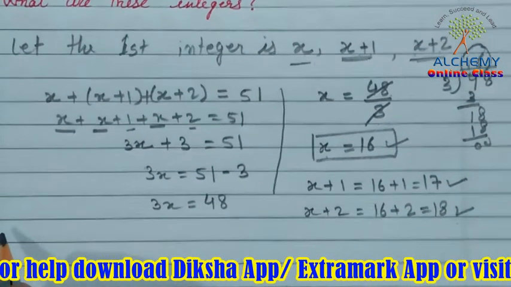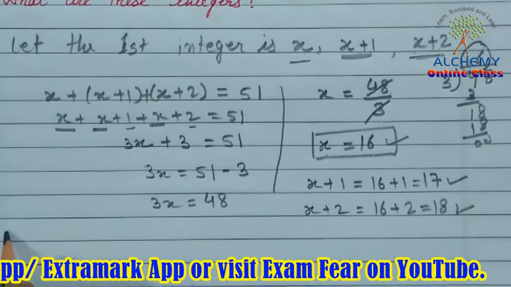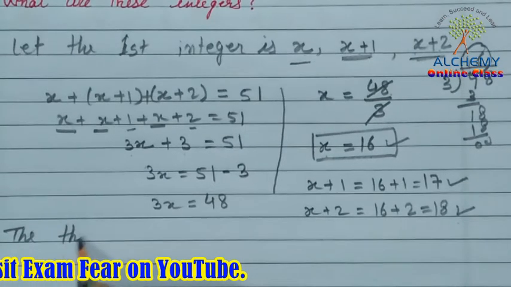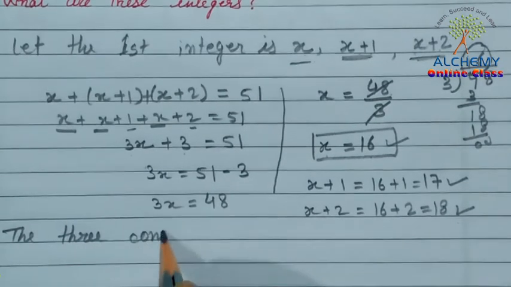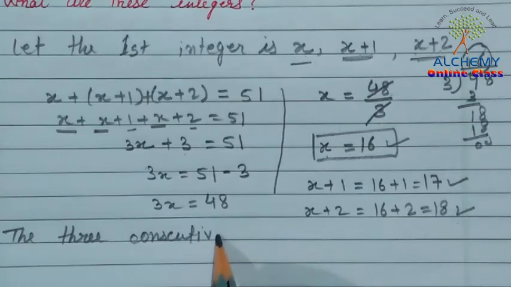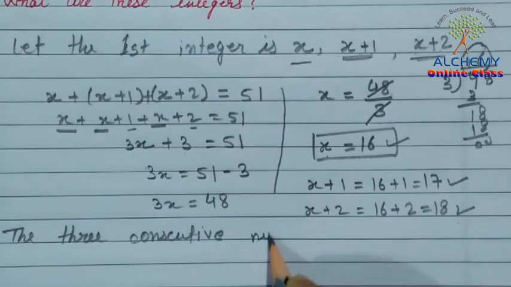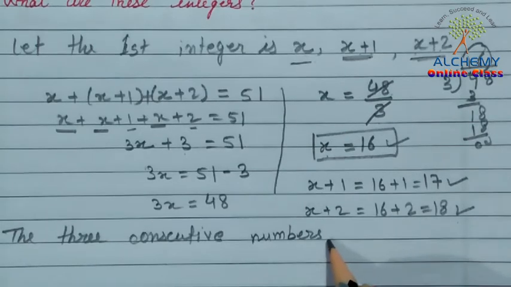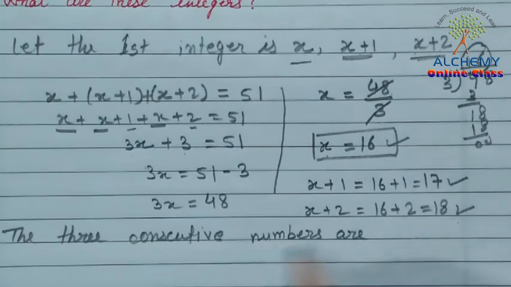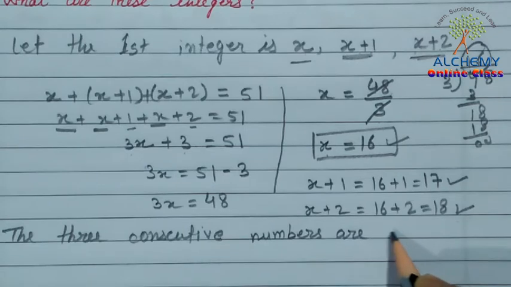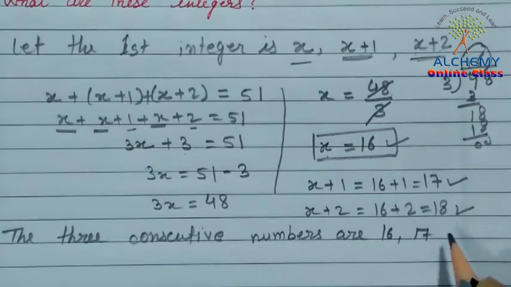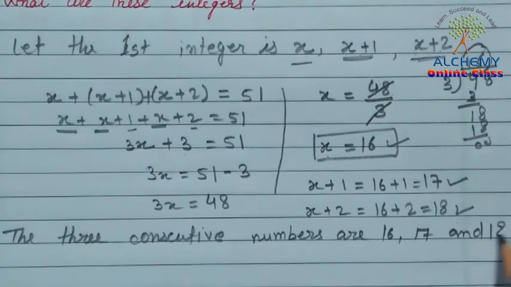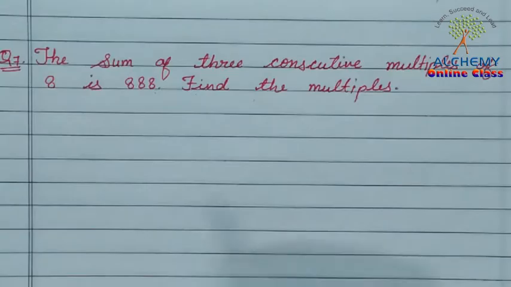So we can write our conclusion here: the three consecutive integers are 16, 17 and 18. That's it.